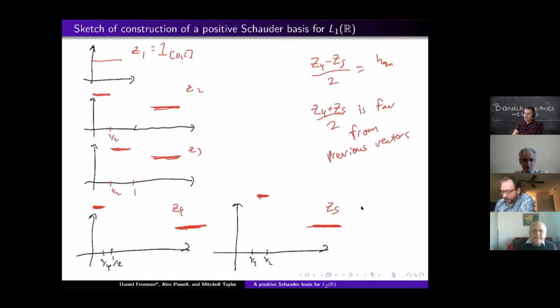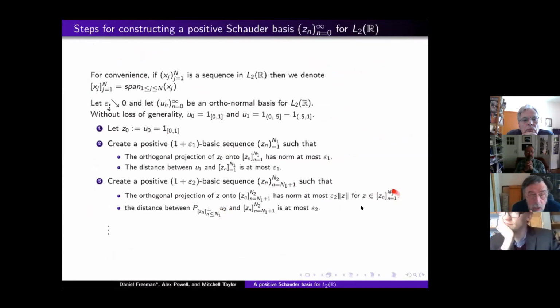In our construction, U2 isn't going to be orthogonal to Z1 through Zn. And so we project U2 onto the orthogonal complement of the basis vectors we've already created and make sure that this projection onto the orthogonal complement is close to the new vectors we create. And so this is the strategy for building a basis for L2.